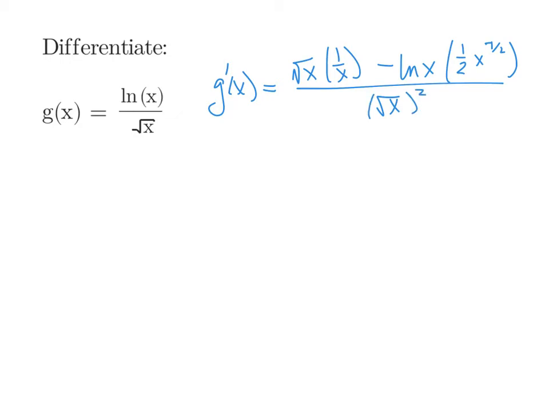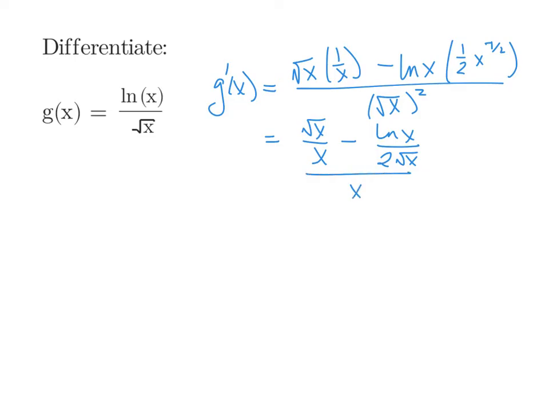And now we should clean it up a little bit. For the numerator there, square root of x over x. And the next term, natural log, will be in our numerator, and our denominator will have 2 square root of x in it. And then over square root of x squared, just being x.